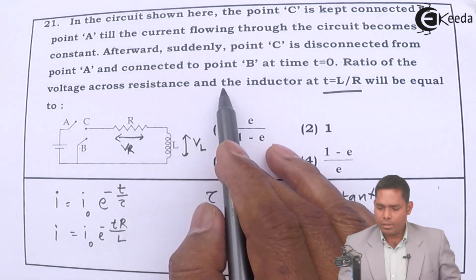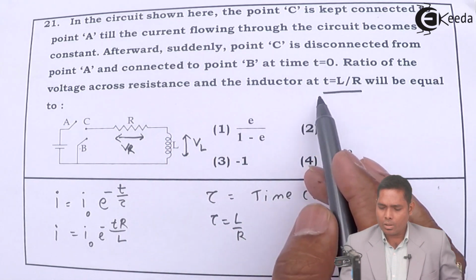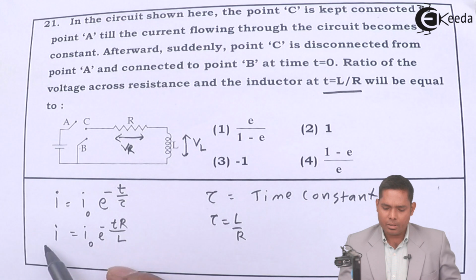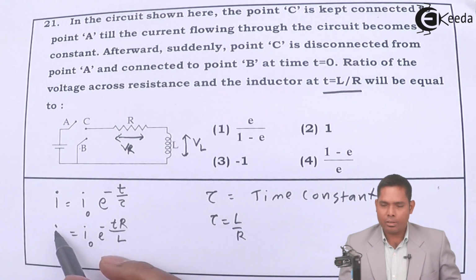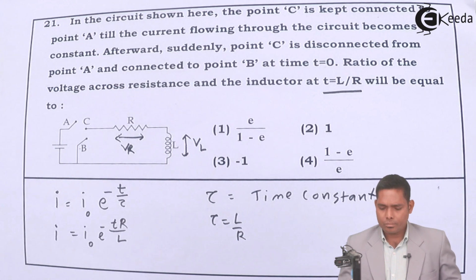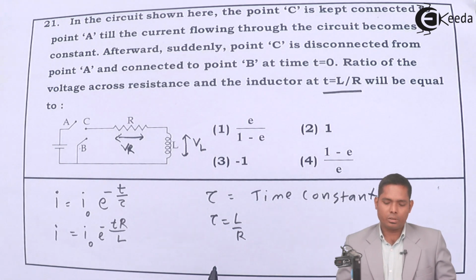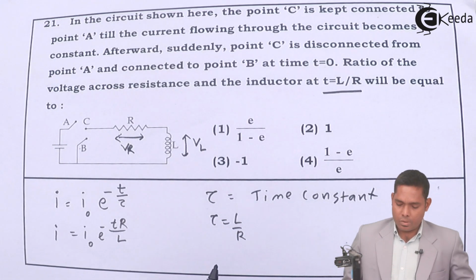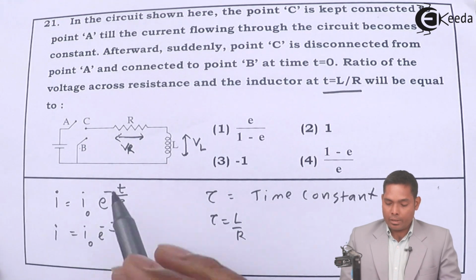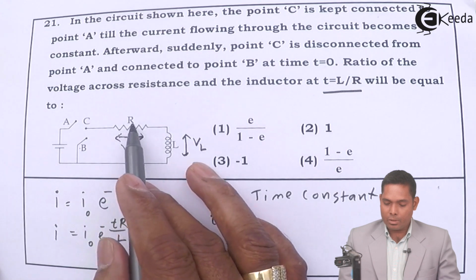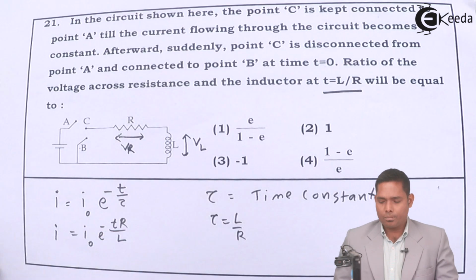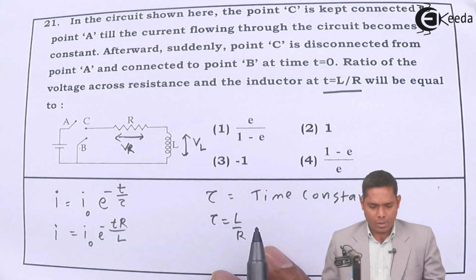You have to find it at time t equals L by R. So at this time, what is the current present? I have to put this value of t equals L by R over here. Then I will get the corresponding current.